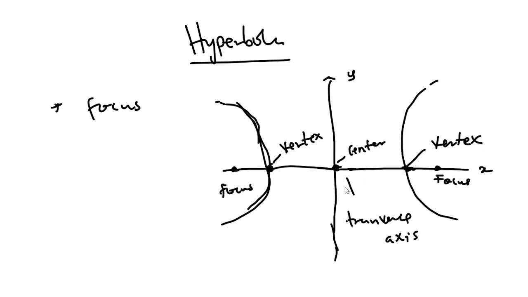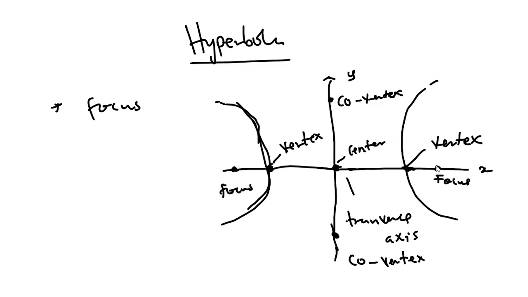So this is how it is. Now the point here, which is on this axis, is called the co-vertex. We have another co-vertex here.